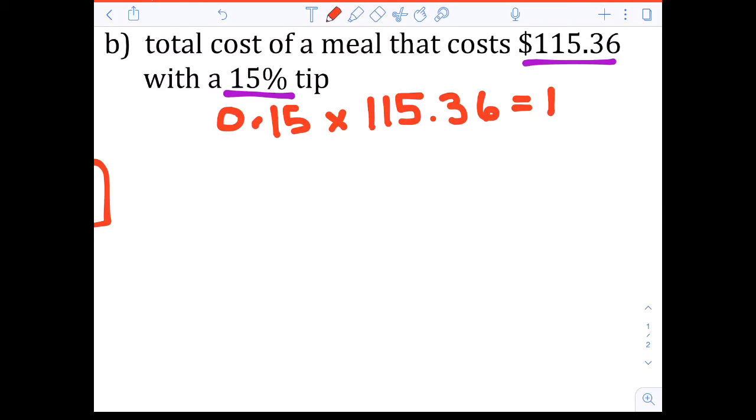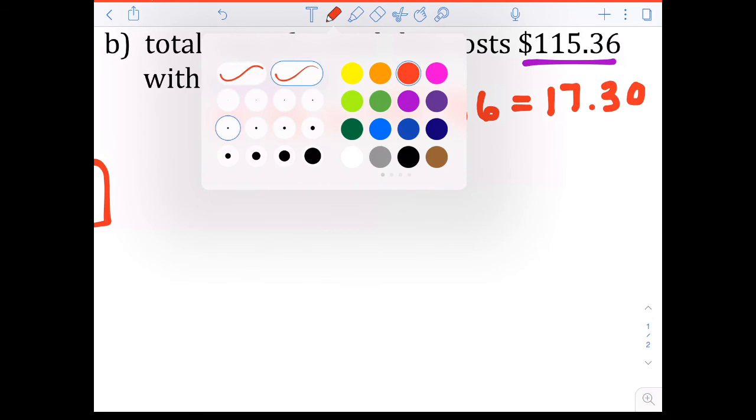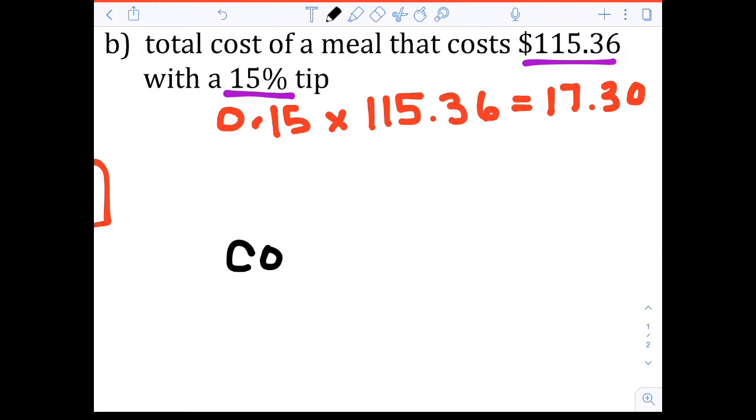We get $17.30. So just like before, we're going to have our cost plus the tip, and we're going to get our total, because remember, we always add the tip, we don't subtract it.